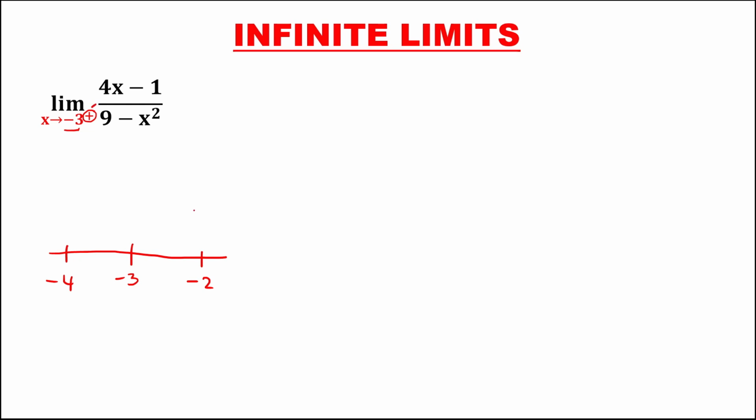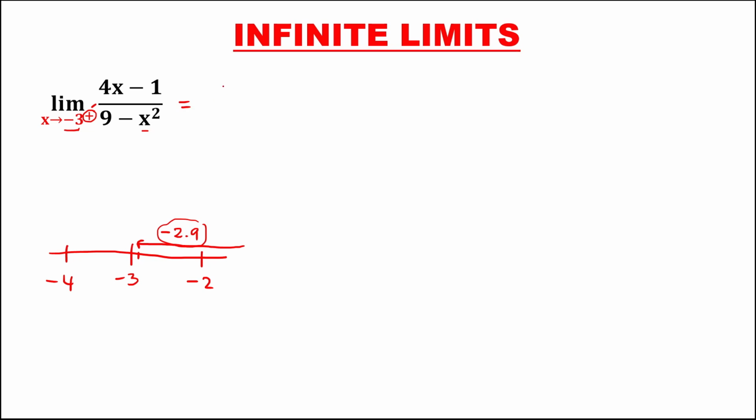Since this is from the right, we need to pick a number closer to negative 3. Between negative 3 and negative 2, that number is negative 2.9. So use this value in the denominator.